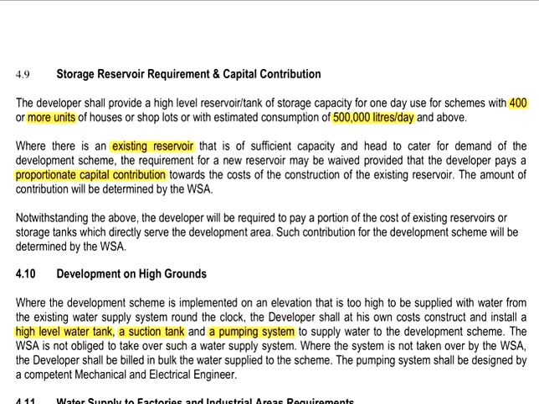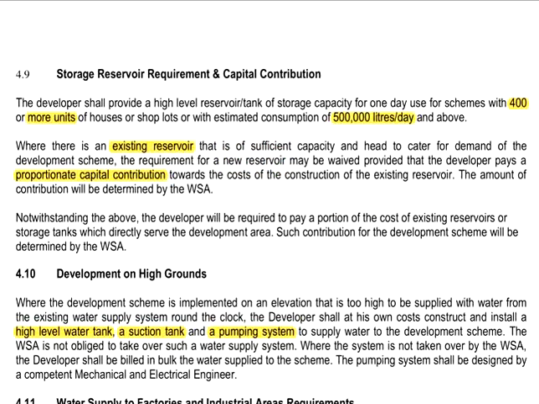Now, this storage reservoir needs to be properly designed. In the case that there is an existing reservoir which has sufficient capacity or head to cater for the demand of the development scheme, the requirement for a new reservoir may be waived.